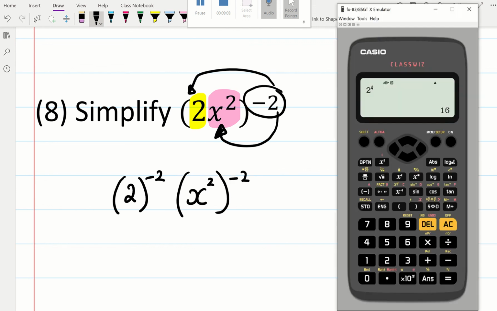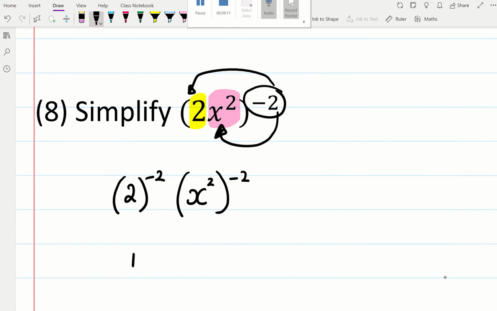Again, for the number, you can use your calculator. 2 to the power of negative 2 gives you a quarter. And then those two powers are multiplied, and so you have x to the power of negative 4. And of course you can use your calculator for multiplying the powers as well.